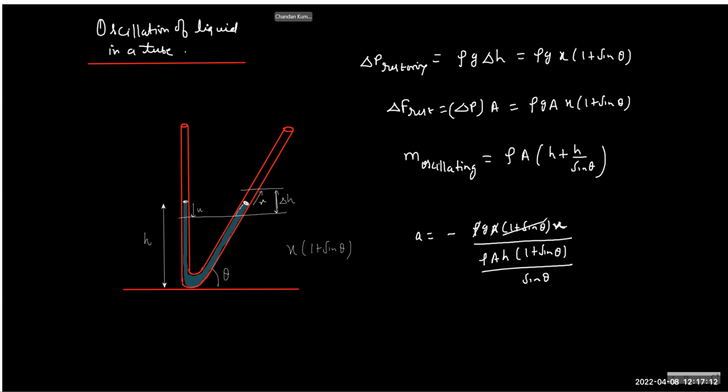Rho A, this entire thing. So what we get is minus sin theta x by h, g also. Is this clear? Just check this out.